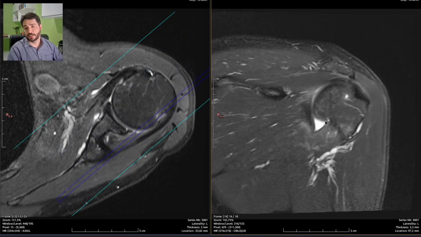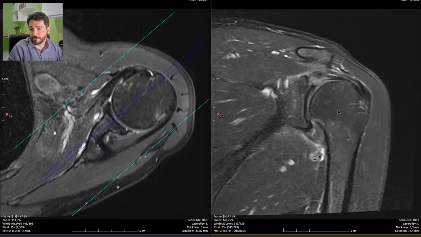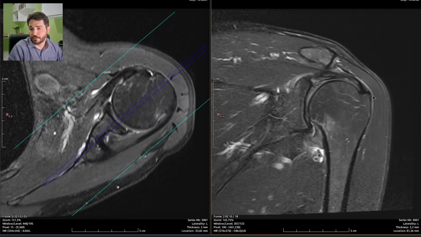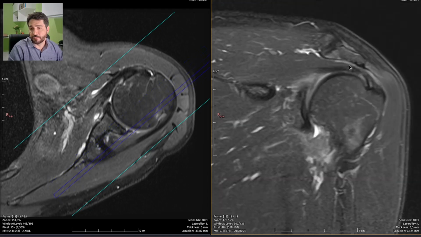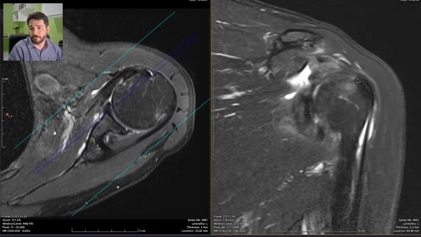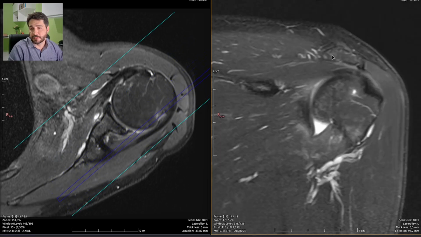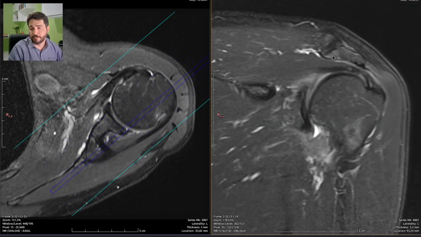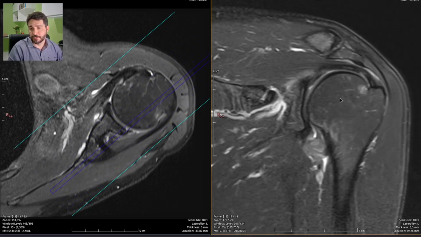There is indeed articular effusion on the shoulder. Also there is bursitis right here. You can see the extended bursa right here. The subacromial subclavicular bursa goes all the way from side to side, from front to back of this joint. There is indeed some mild arthrosis of the acromioclavicular joint.